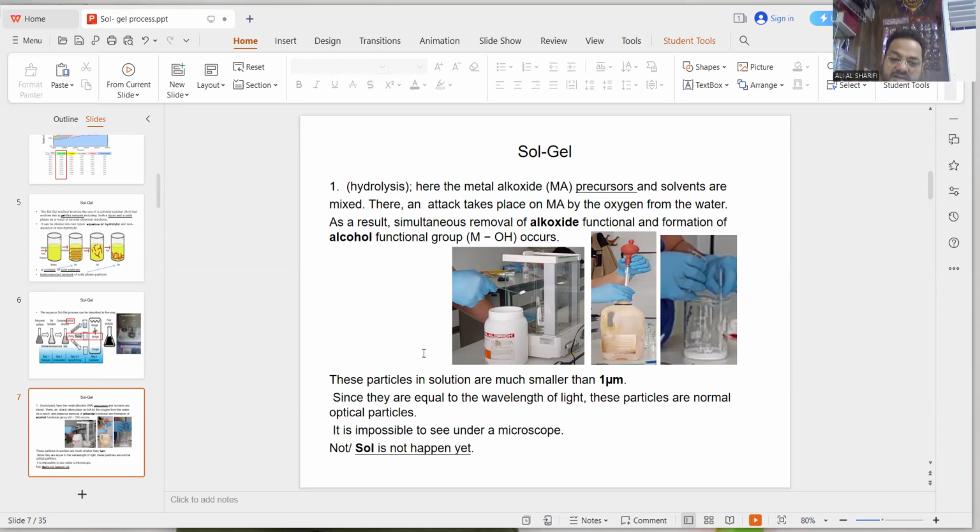Here, these particles in solution are much smaller than 1 micrometer. I take this information from one of the sources in the last slide. What does that mean? It's optical, because the wavelength is equal to the wavelength of the light. These particles are normal optical particles. By that, we can't see them using a microscope. Here, sol is not happening yet.